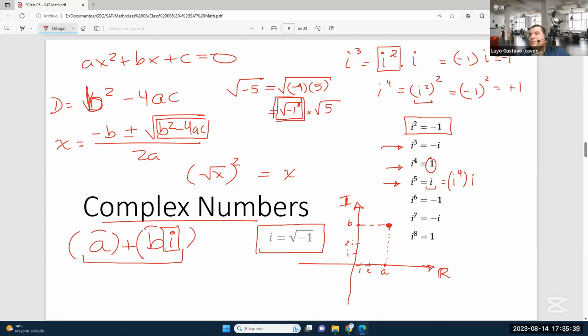But it turns out that this is a very useful construct in many fields of math, even in physics and engineering applications. Well, complex numbers work like this.